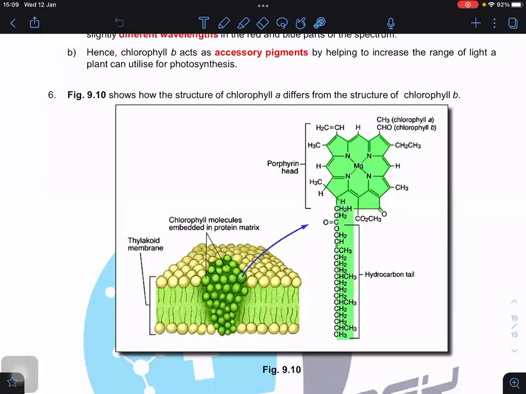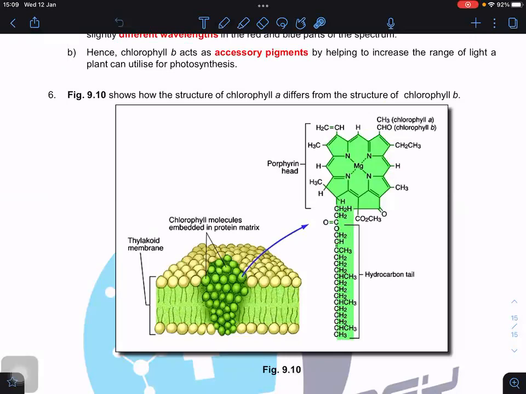They depend on this hydrocarbon tail that forms hydrophobic interactions with the phospholipid tails. So therefore they are anchored, embedded in the thylakoid membrane. Clear?